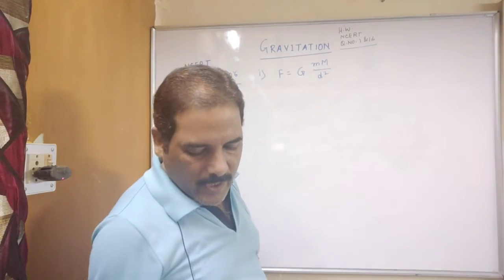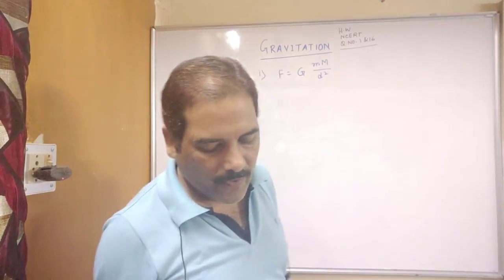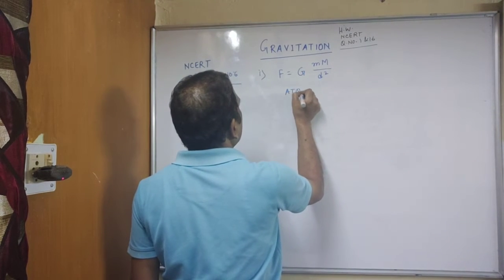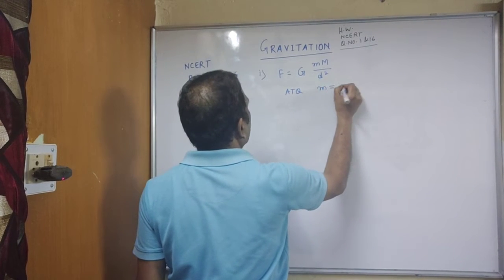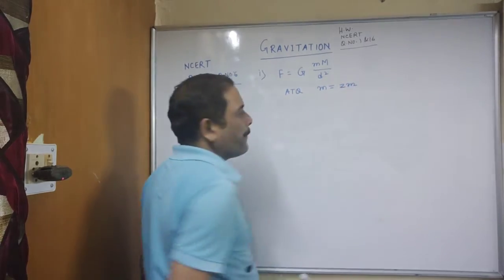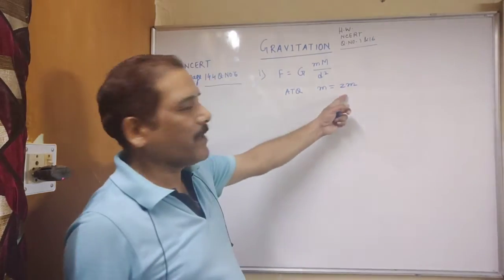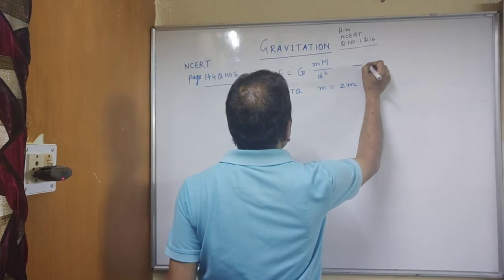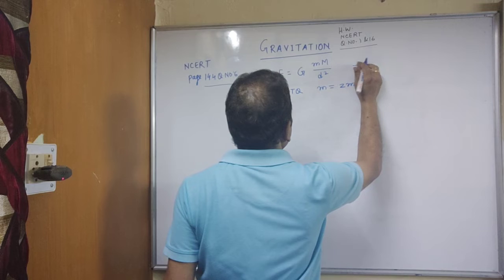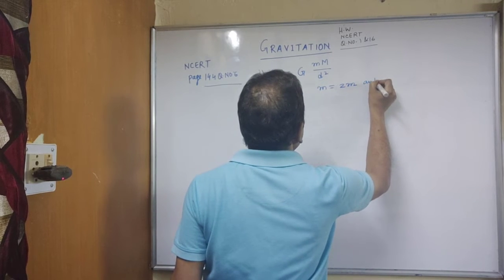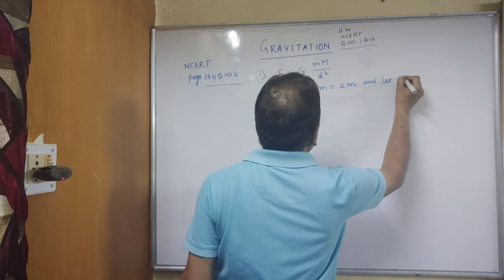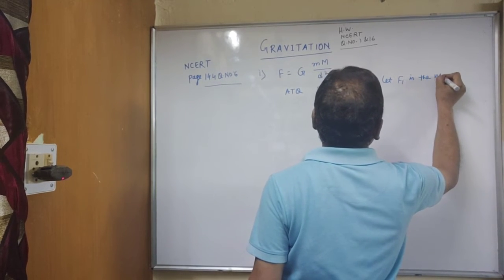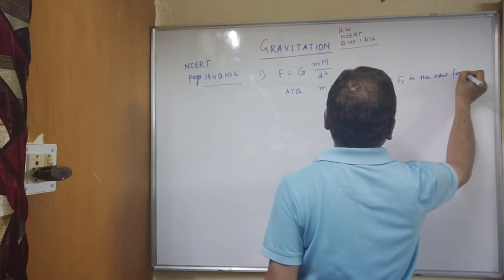Now, according to the question, if mass of one object is doubled, suppose small m becomes double, it means it will be 2m now. Then let F1 be the new force of attraction.